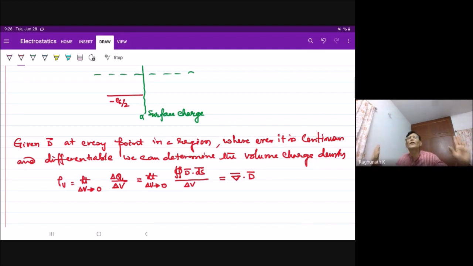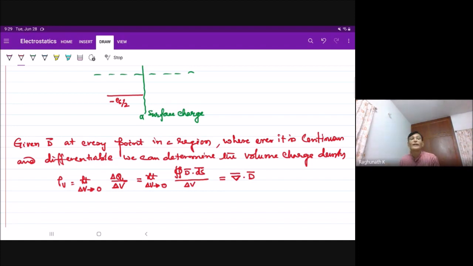And they just define, read all mathematics textbooks possible, even electromagnetics textbooks, del bar dot V bar as the limit delta v tending to 0 of the integral over a closed surface of V bar dot ds bar divided by delta v. That V bar is some other vector field. Delta v is volume.